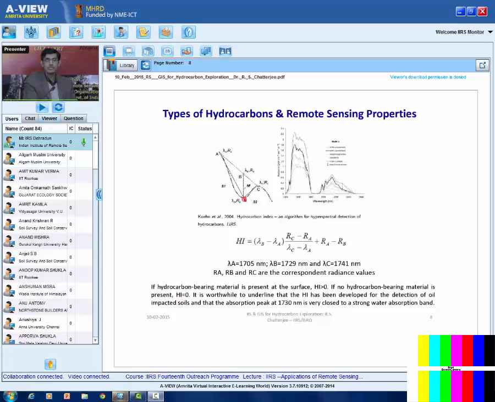Now the question is, this absorption peak at 1.73 is also very close to a strong water absorption peak. So we need to be a little careful and see whether we are getting some water in this particular area. But in the case of water, the absorption peak is much stronger. This is what is important to note.